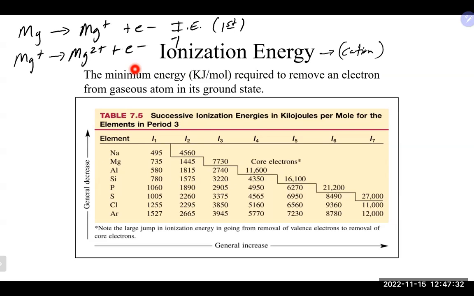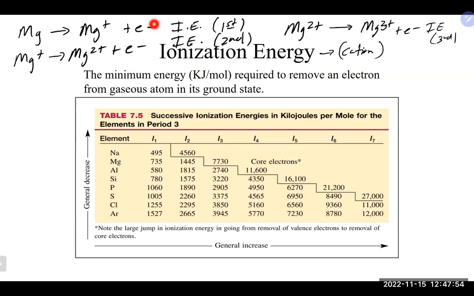Also, the ionization energy for this guy would be known as the second ionization energy. And then the magnesium that has lost 2 electrons would perhaps lose another. And that would get us our third ionization energy, and so forth.